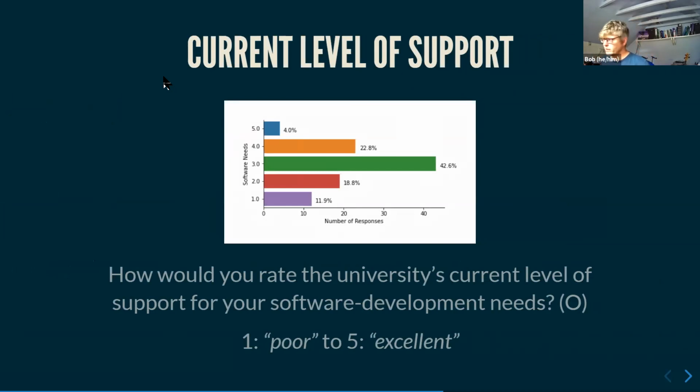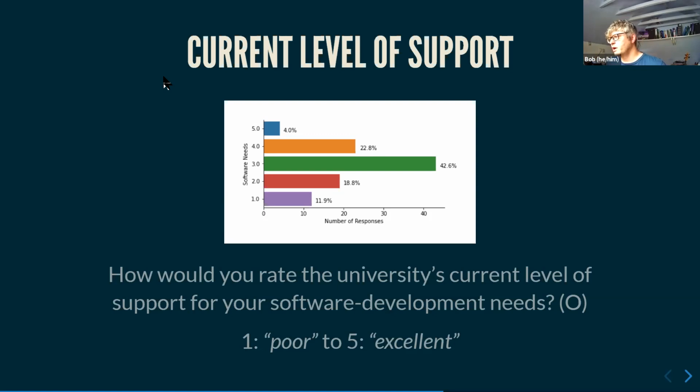We asked about the current level of support for software development needs, and this is a particularly difficult question in terms of biases, I think, because different people will have different ideas of what's poor and what's excellent. The impression I get from looking at the data is that this is okay.